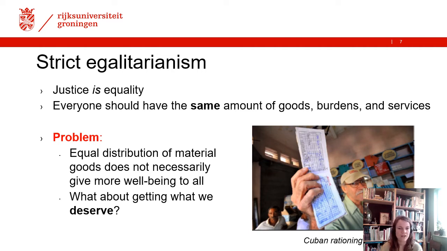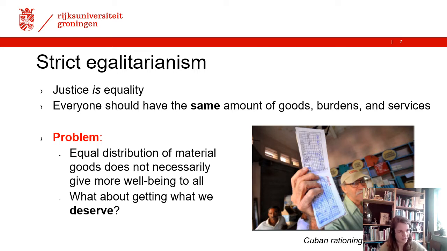Any deviation from the equal position where all these goods and services are distributed equally is unjust from this perspective. If you think about examples in our world, then probably the communist economic system is most egalitarian, right? As all means of production were collectively owned there.